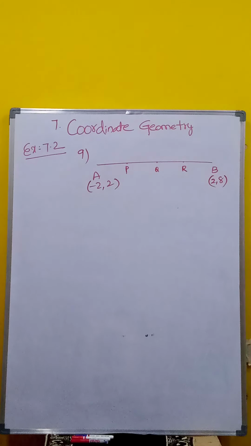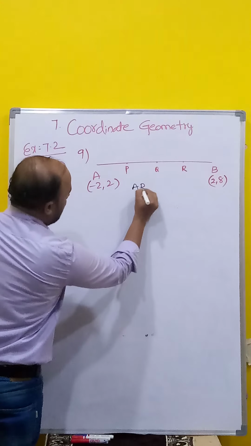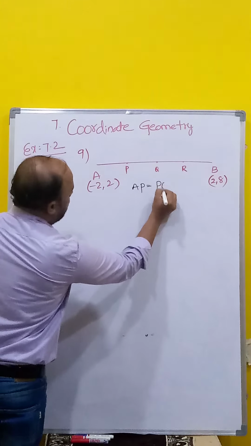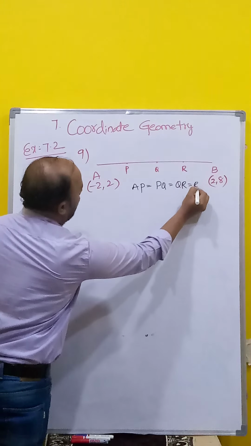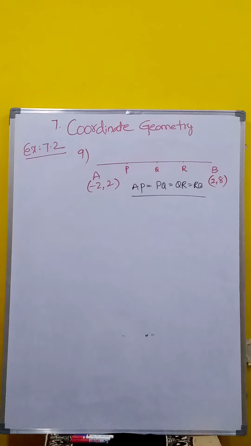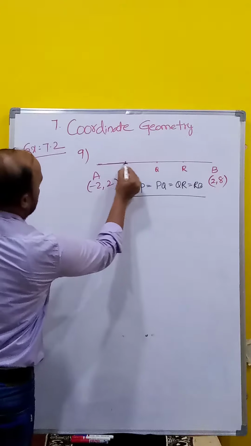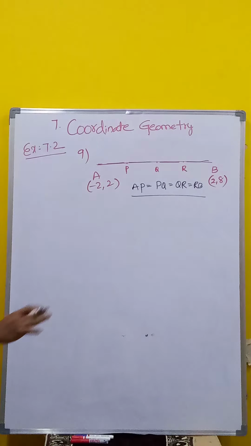This PQR is dividing the line segment AB into 4 equal parts, that is AP is equal to PQ is equal to QR is equal to RB. How many equal parts are there here? AP the first part, second part, third part and fourth. Totally the line segment is divided into 4 equal parts.